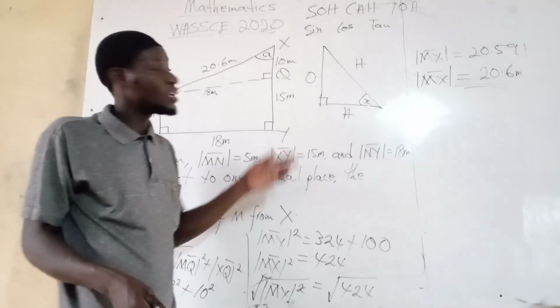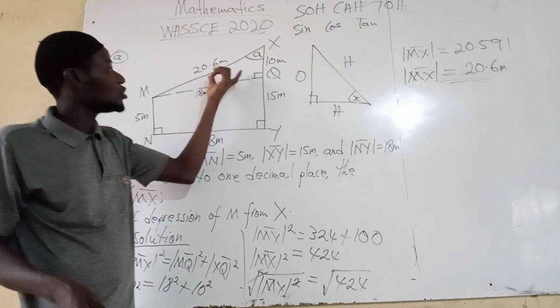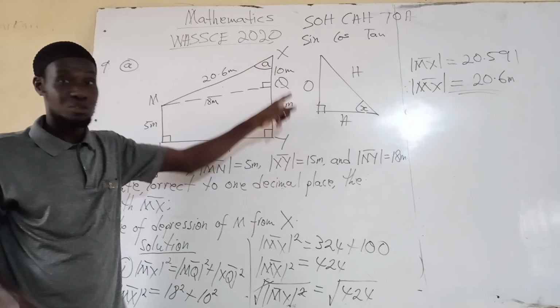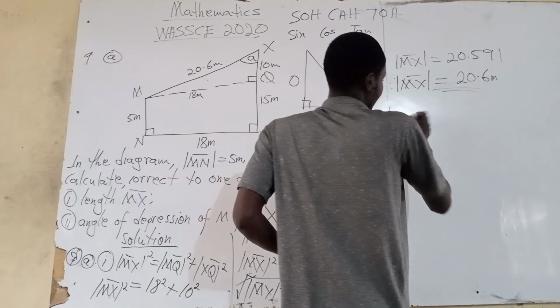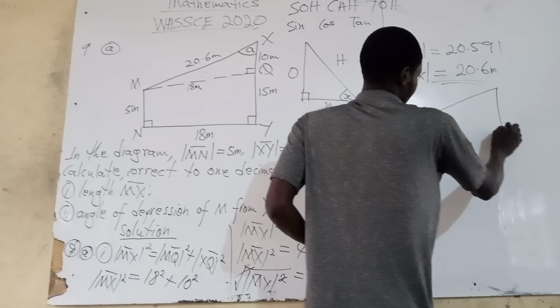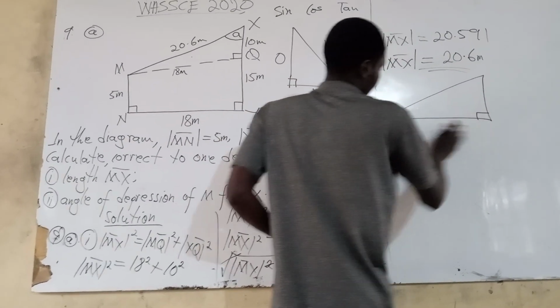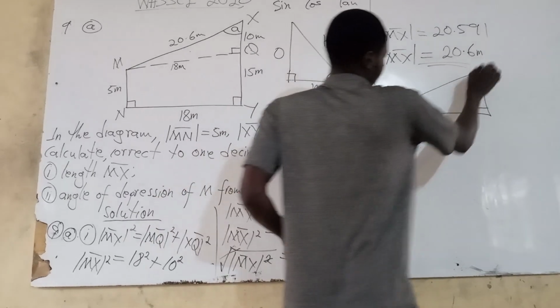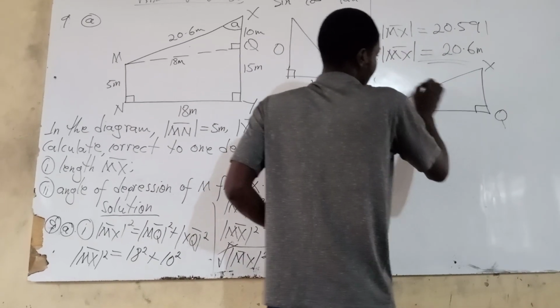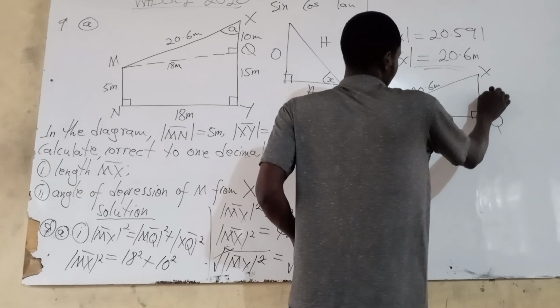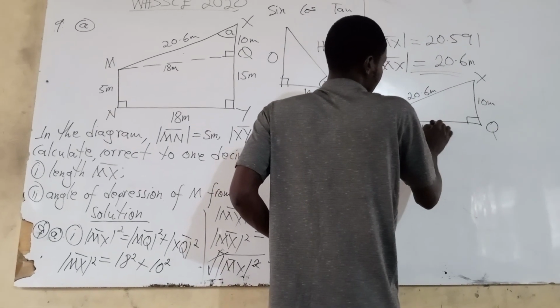So applying the concept of the trigonometric ratios to the right angle triangle MXQ, if you take out that triangle from the diagram, here is 20.6 meters, here is 10 meters, and this is 18 meters.